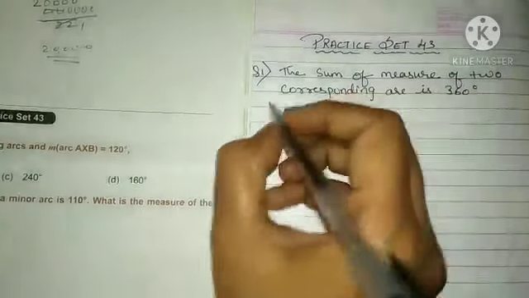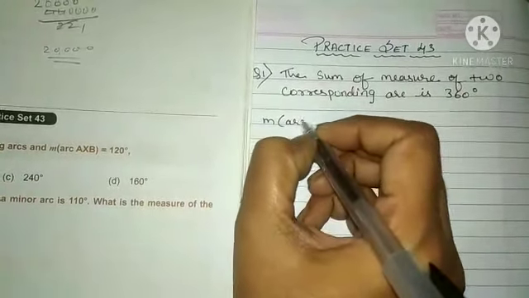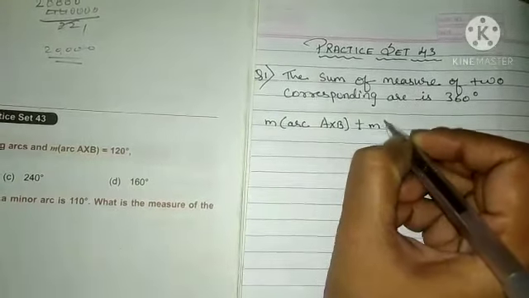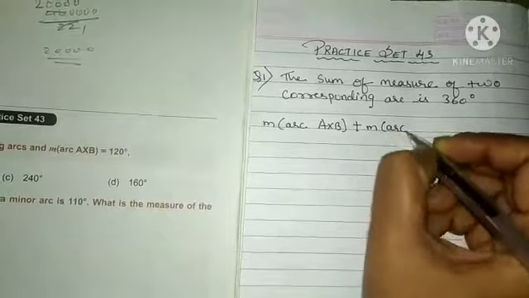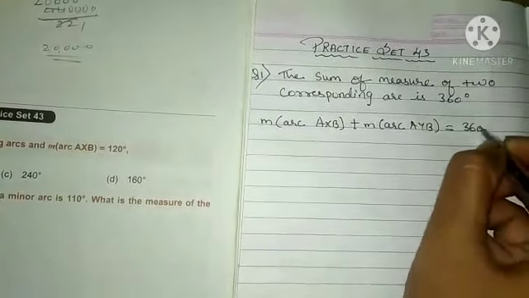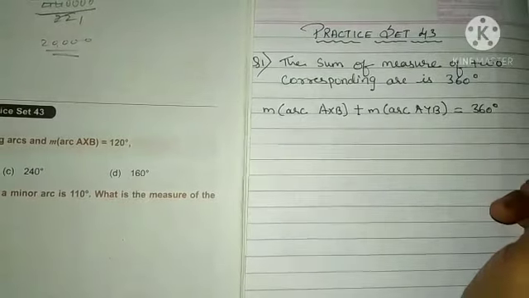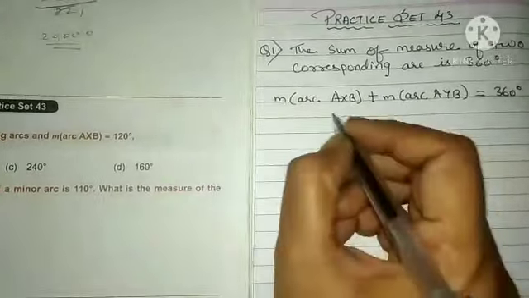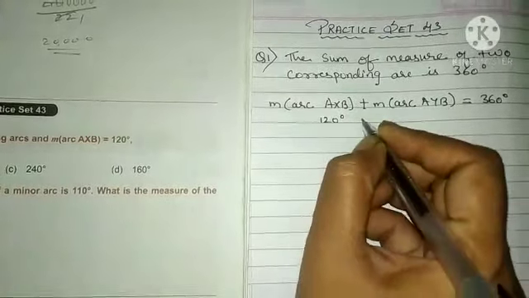Now here, measure of arc AXB plus measure of arc AYB is equal to 360 degree. Understood? So here the measure of AXB is given as 120 degree, so we will write down 120 degree.